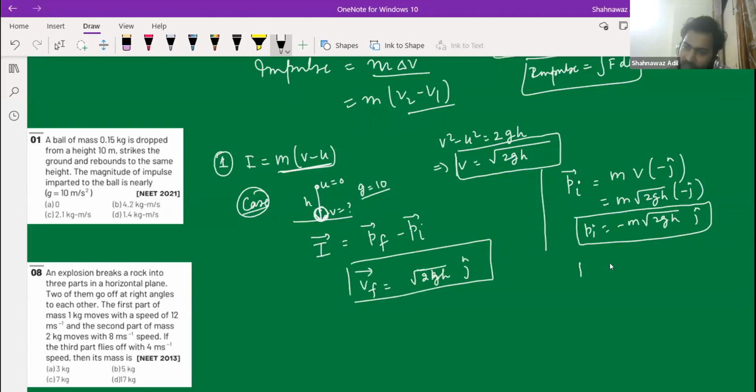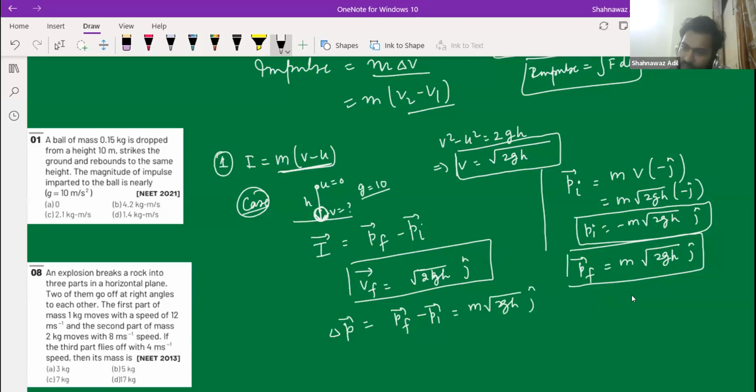So the final momentum would be mass and root 2gh in the j hat direction. Impulse is P final minus P initial, which is m root 2gh j hat minus of minus m root 2gh j hat.